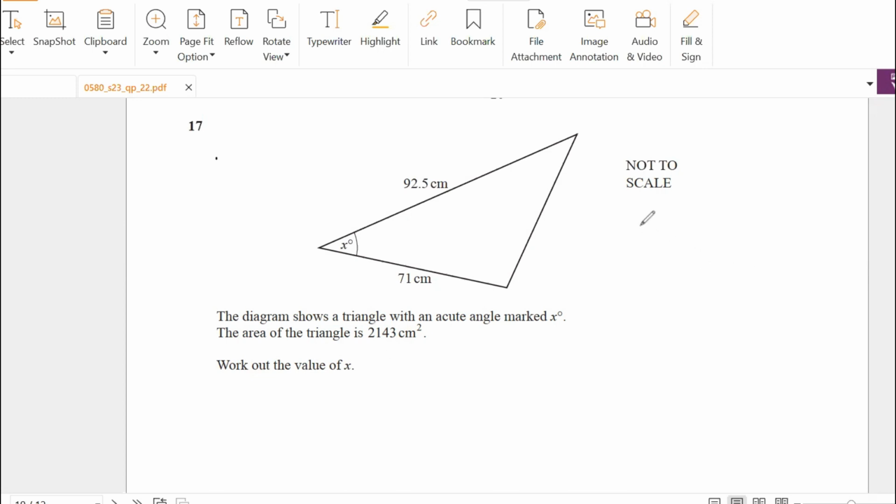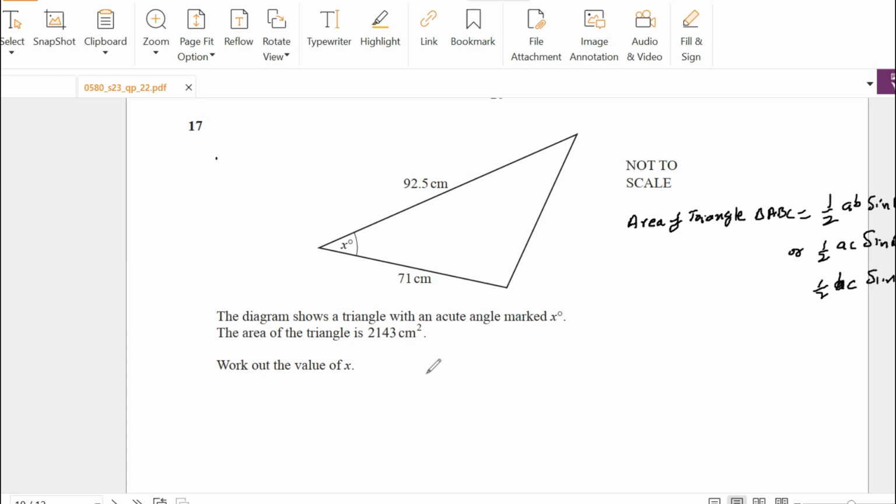In such cases, the area of a triangle that is not a right angle triangle, triangle ABC, or whatever name you give, is 1 over 2 AB sine C, or 1 over 2 AC sine B, or 1 over 2 BC sine A. So you can use any one of them here.